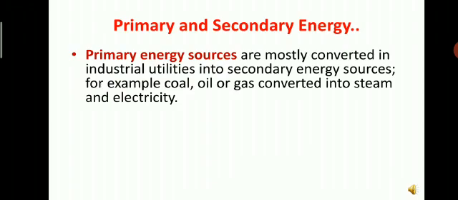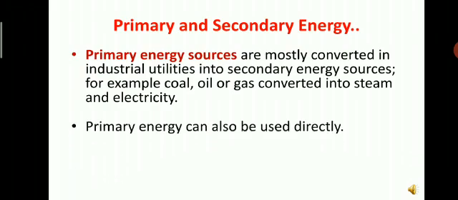So here we will see the use of coal. Coal is utilized for heating the water inside the boiler. From the boiler we get the steam, and after that the steam is given to the steam turbine, which is connected to the electricity generator, and from there we get the electricity. Similarly, oil or gas can be used for heating the water, and from that we get the steam, and from the steam we get the electricity by using an electric generator.